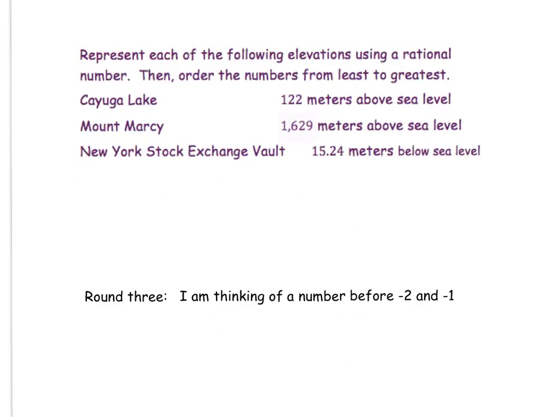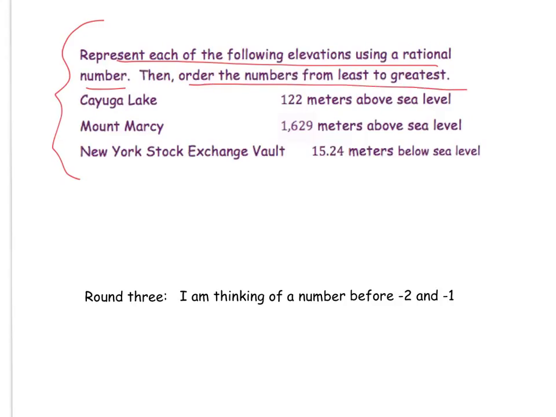Alright, last example, and this is very similar to something you're going to have to do on your assessment. Represent each one using a rational number, and then order them from least to greatest.